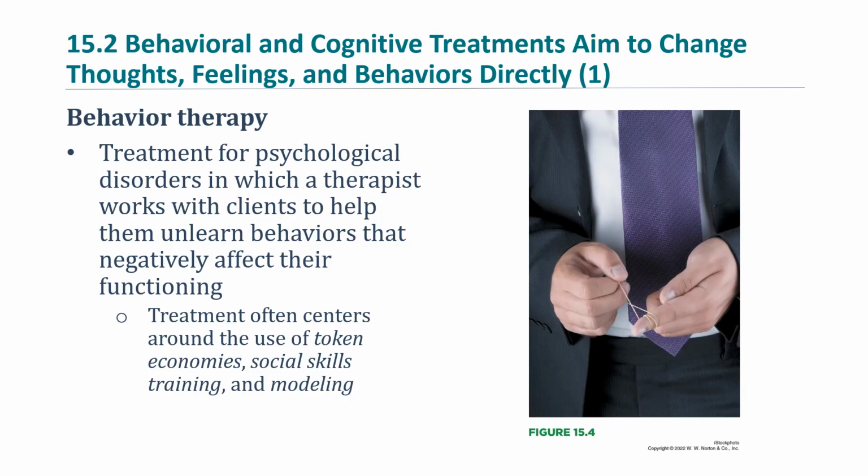Social skills training helps clients with social anxiety. The therapist uses modeling to demonstrate a common encounter with the client's feared object or situation, and then guides the client through the steps of the encounter until he or she can cope unassisted. So this could be somebody who's too anxious to possibly go on a date, for instance.